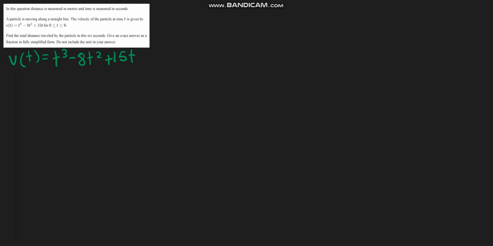Okay, so the total distance traveled follows the formula of the definite integral, in this case from 0 to 6, of the absolute value of v of t dt.